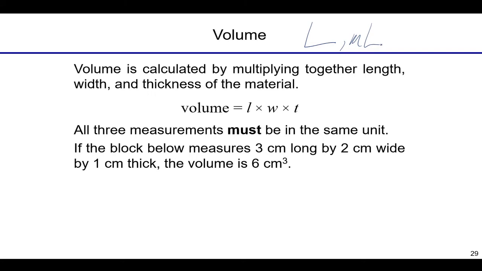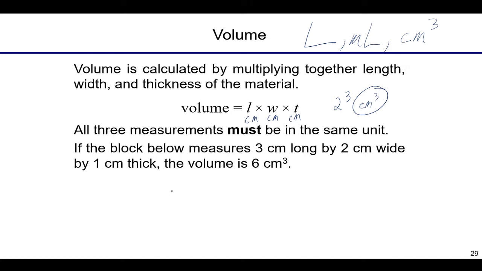But some things it's pretty easy to just hold a ruler up to, and so you can measure the centimeter length, the centimeter width, and the centimeter thickness and get a unit like centimeters cubed, right? Because each of these should be in the same unit. Maybe it's centimeters here. And just like numbers, if it was 2 times 2 times 2, that would be 2 cubed. Well, the unit's cubed as well, so it's centimeters cubed. So keep in mind to cube your units if you're calculating a volume.